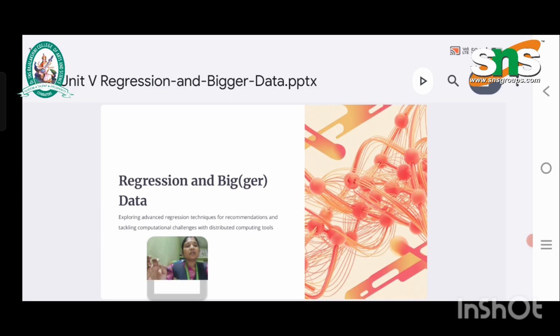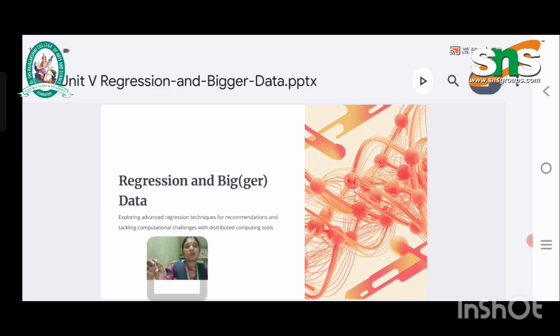Here let's define what the types of regression are and how they are useful for us. Regression has the following types. The first one is simple linear regression, which is the most widely used statistical approach.